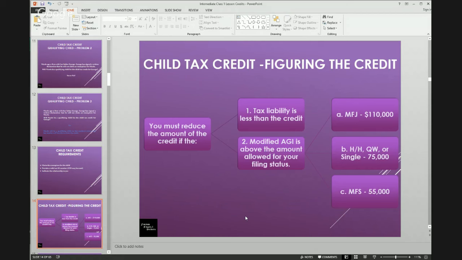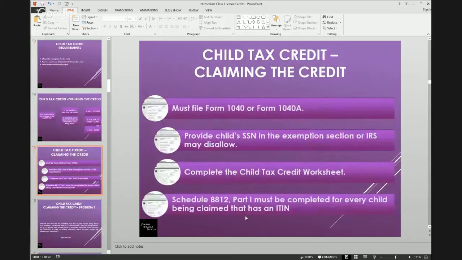So in the case of married filing jointly, if the adjusted gross income is over $110,000, if you're a head of household or qualifying widower or single, it would be $75,000, and if you're married filing separately, it would be $55,000.